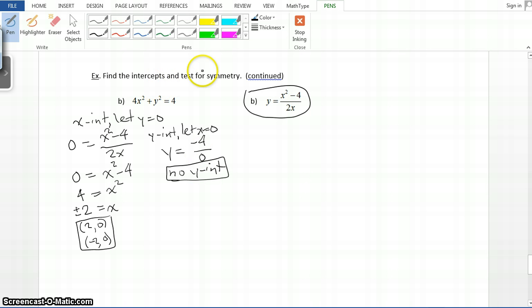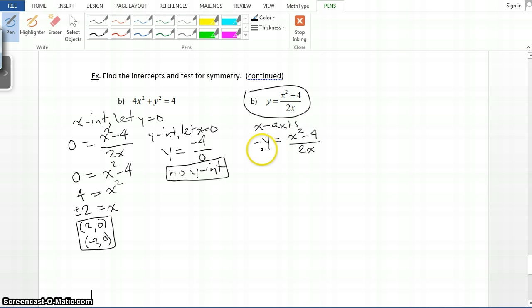Let's go ahead and test this thing for symmetry. So let's check the x-axis symmetry. Remember, to do that for the x-axis, you let y equal negative y and simplify.